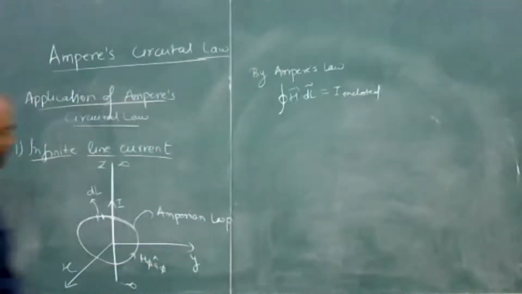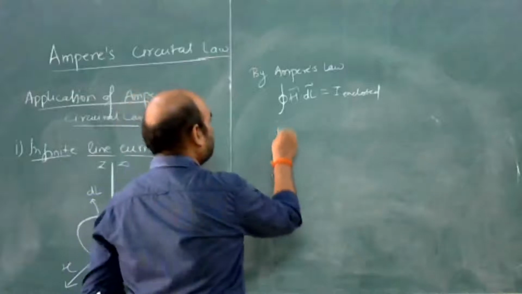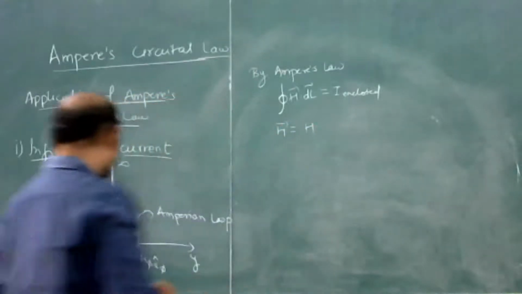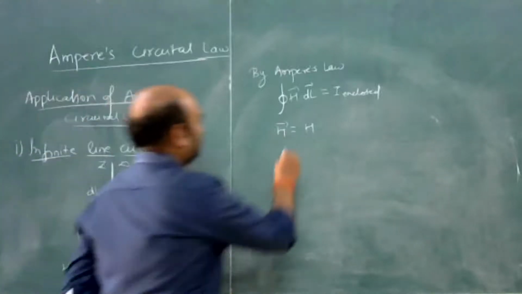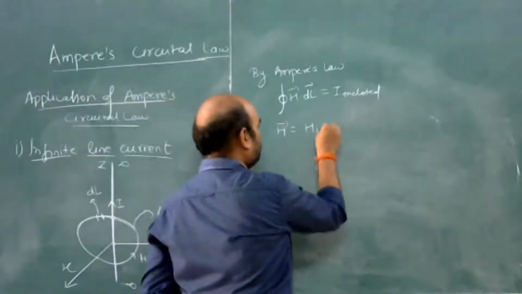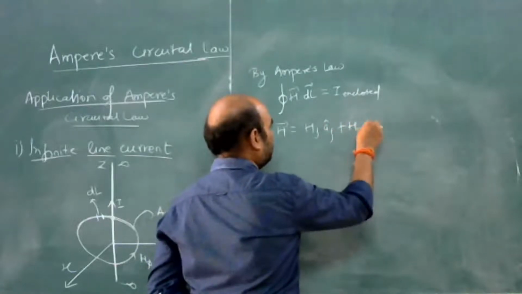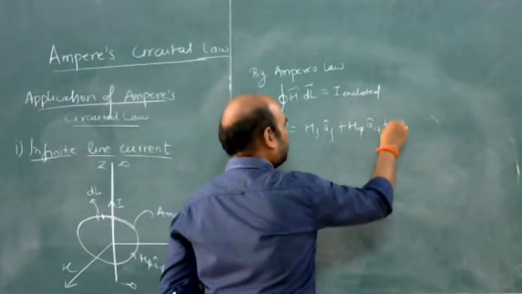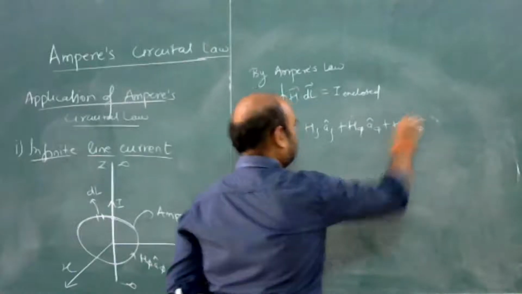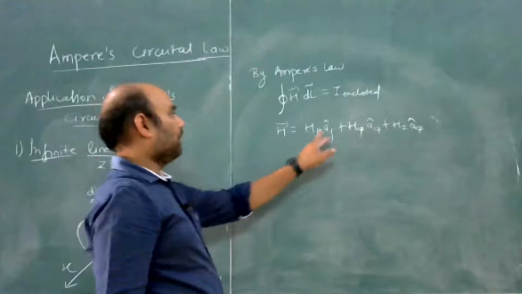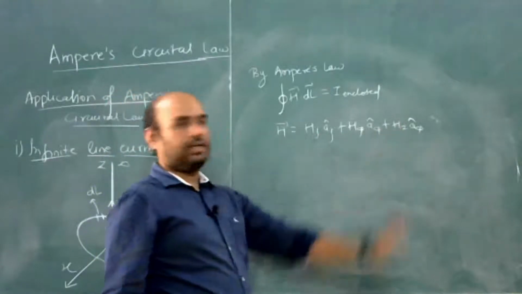We are considering cylindrical coordinates: a rho, a phi, a z. So H will be equal to H rho a rho plus H phi a phi plus H z a z.